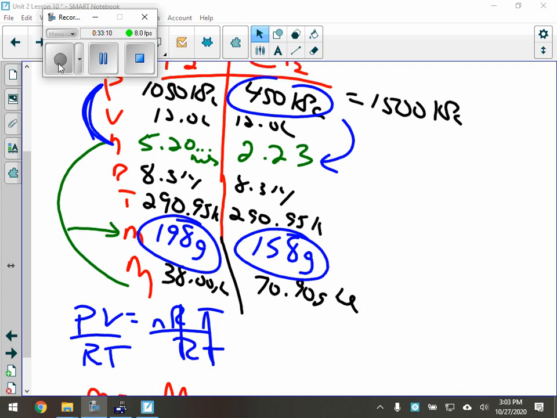Where do you get pressures from? Pressure comes from collisions, yes?